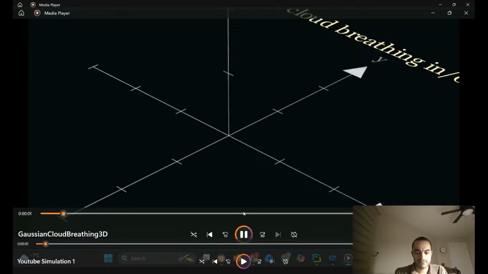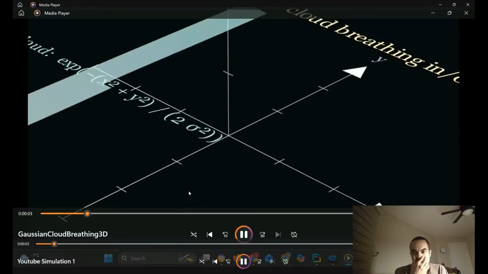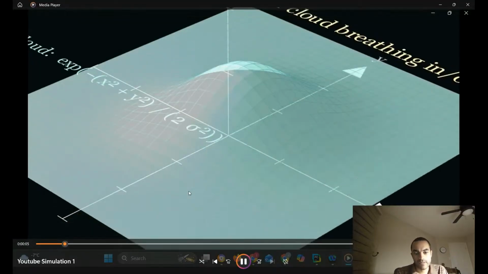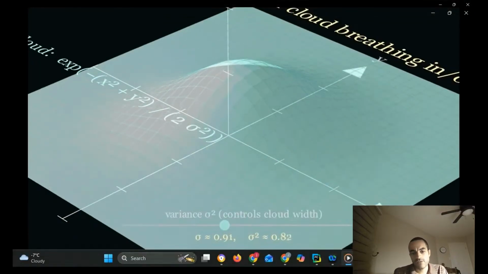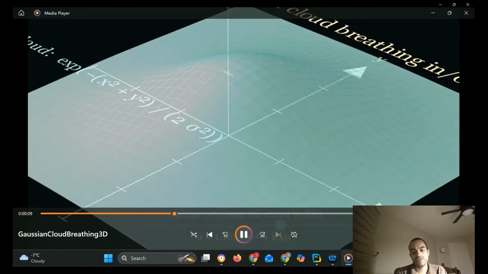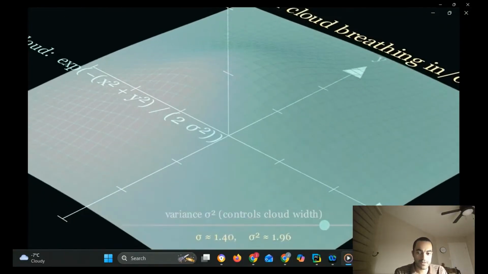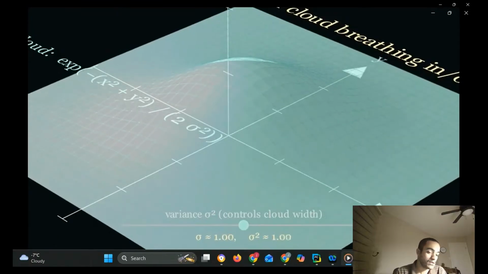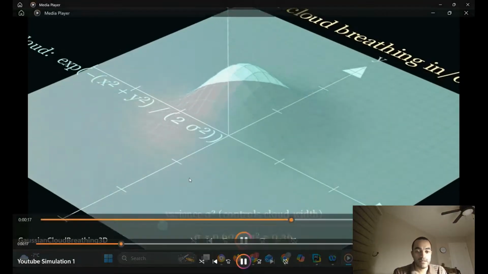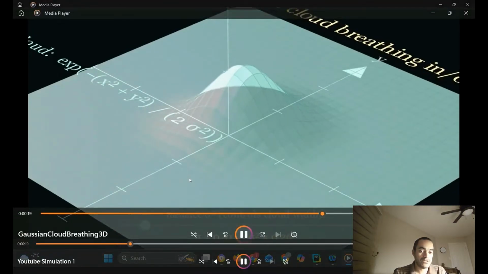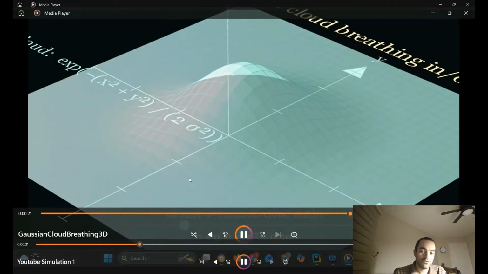Okay, let's share. All right, so again, the point of this Gaussian cloud is to give you a geometric conceptualization of how Gaussian integrals work, why they work the way they do, and how you can make them easier for yourself. Because at first, when you see one, these look weird.